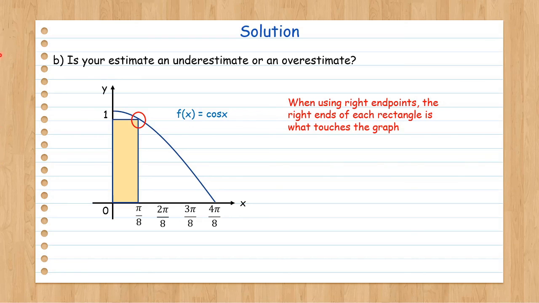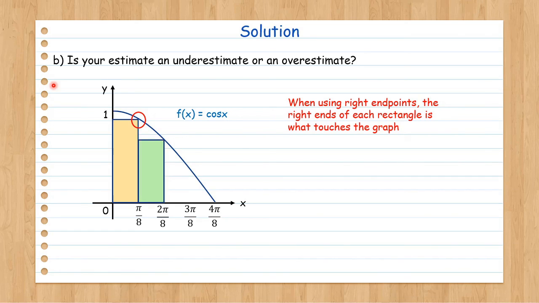So in this case, since we are using right endpoints, the right endpoint of the rectangle is what touches the graph, and that's very important to note when drawing the graphs with Riemann sums.